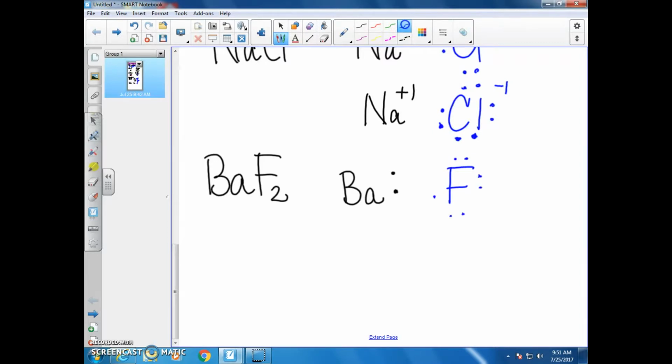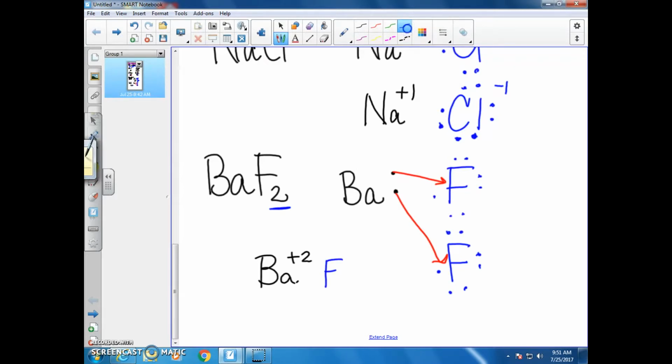Fluorine and chlorine are in the same family, but you have 2 of these, so you have to draw both of them. What that means is that barium is going to give 1 electron here and 1 electron here. And so when it does, it becomes Ba+2, and each one of your fluorine becomes a -1.